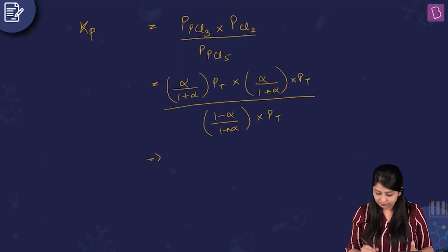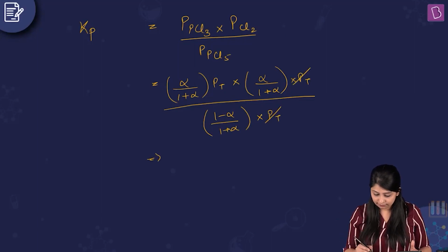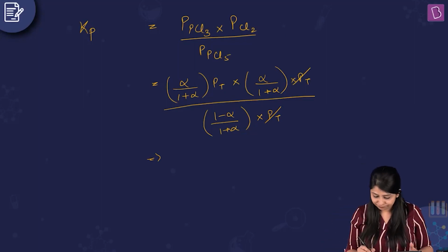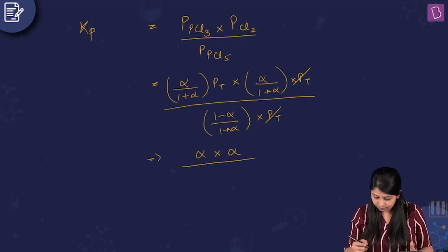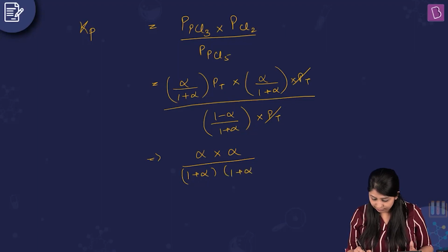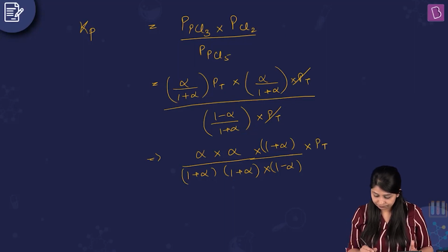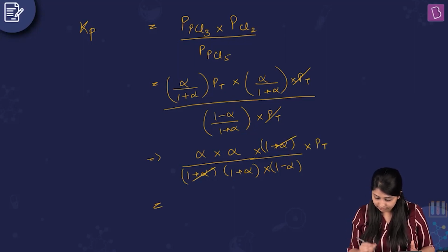Let's simplify this equation. This will be alpha into alpha upon 1 plus alpha into 1 plus alpha, into 1 minus alpha into 1 plus alpha, and into total pressure. 1 plus alpha cancels out.